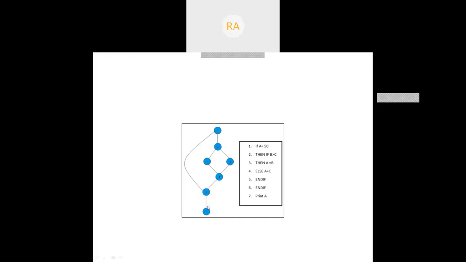This is the second path that I can test. Then there is one more path available for me, that is from node 1 to node 5 directly, then node 7. So there are 3 independent paths available in the code snippet that I have considered.